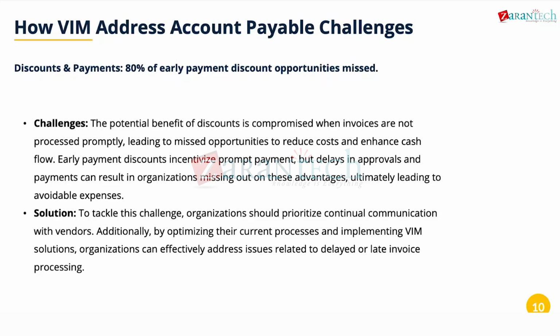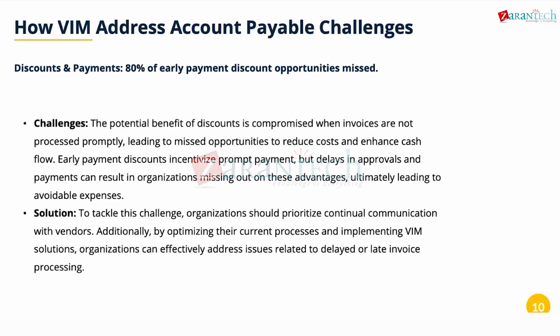So with the VIM solution, you have all the centralized data. All the invoices are available in the reporting tool, and you can quickly and easily see what all the open invoices are and who has large amounts, and try to get the discount based on the payment types. So this is just a couple of examples of how discounts can help the organization, and it also depends on how the organization wants to deal.